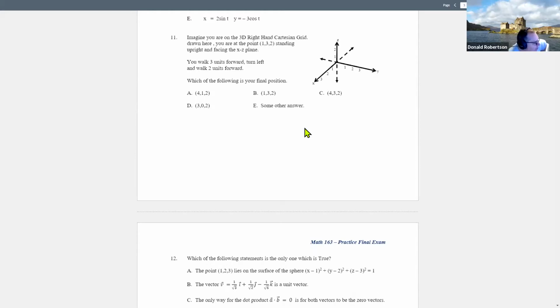You're standing upright and you're facing the XZ plane. And then you walk 3 forward. You then turn left and you walk 2 forward. What's the coordinates of your final position? So this is not a typical question, which is actually what I kind of like doing on multiple choice. So that was the question.